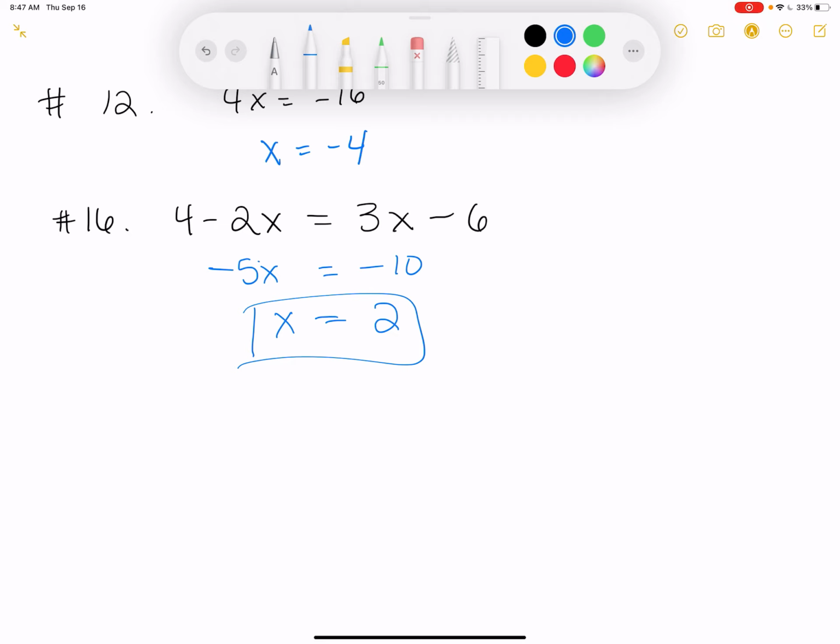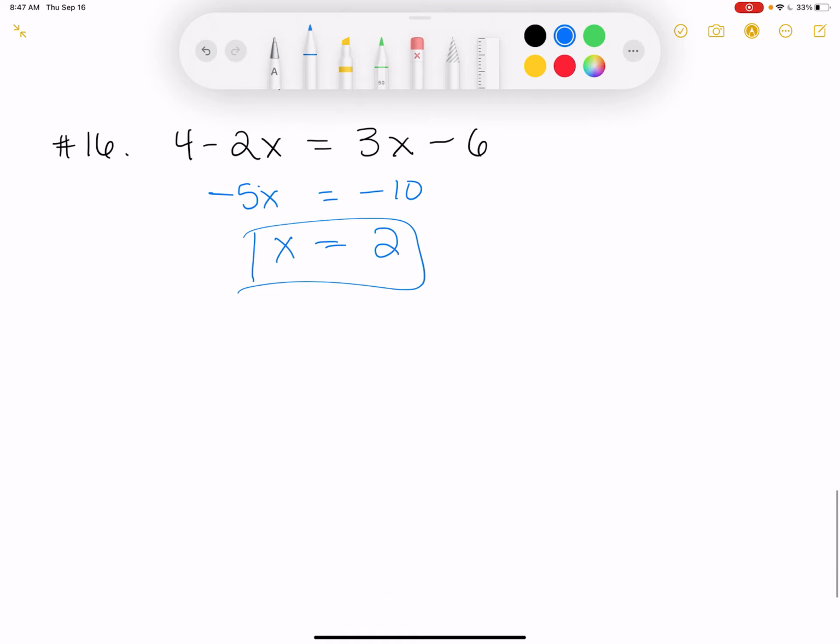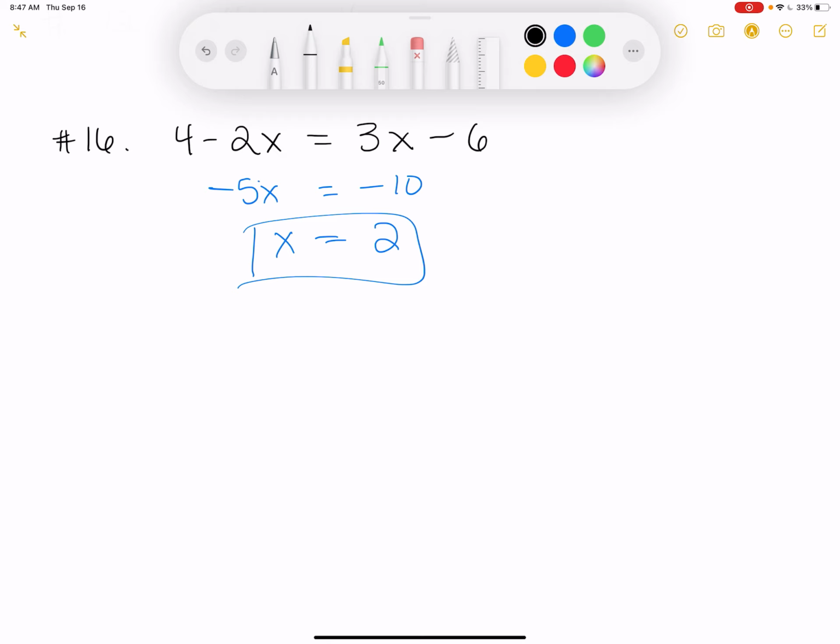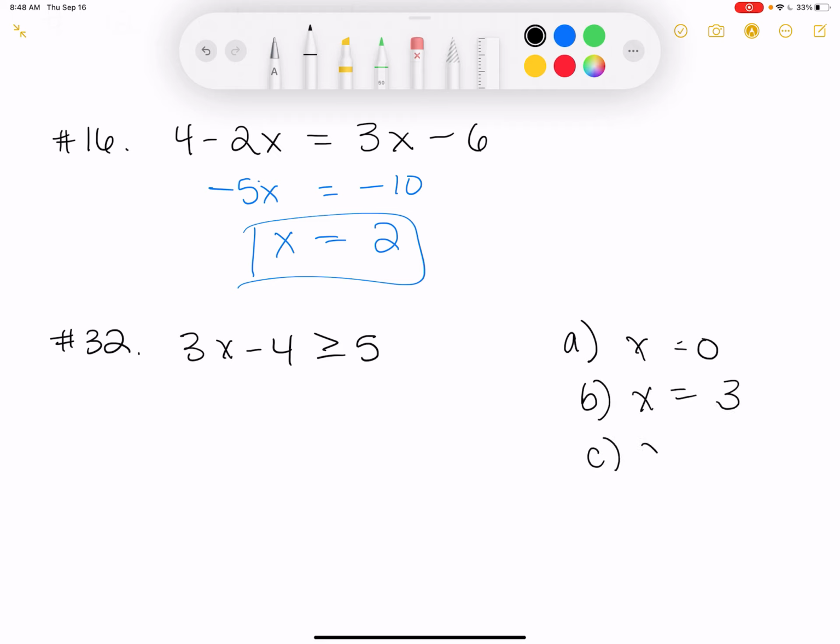All right, next one's find which values of x are solutions of the inequality. What number is this? 32. 3x minus 4 is greater than or equal to 5. So then you just solve it. x equals 0, x equals 3, x equals 4.